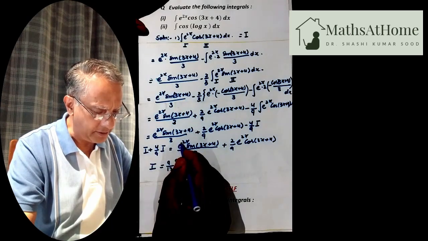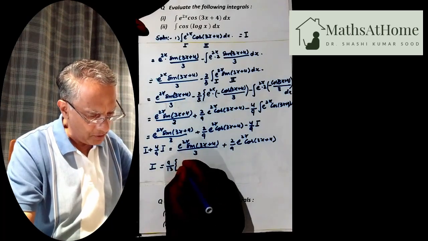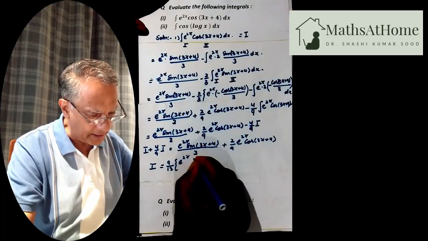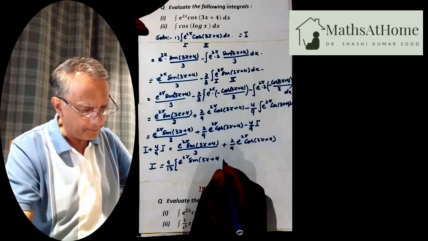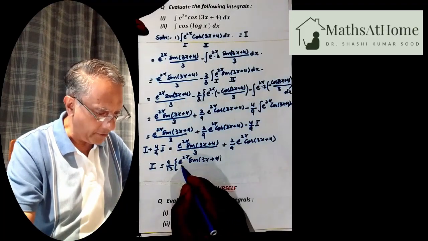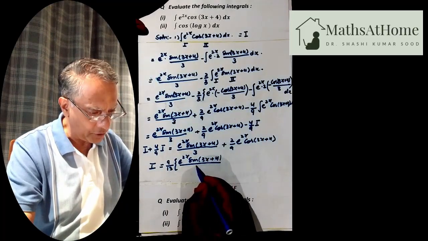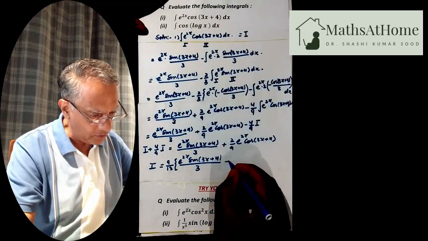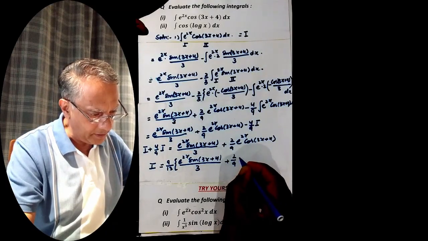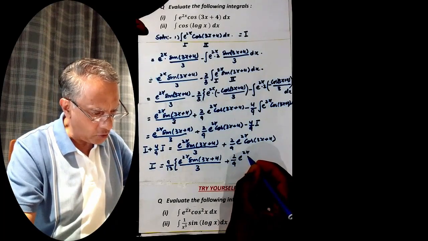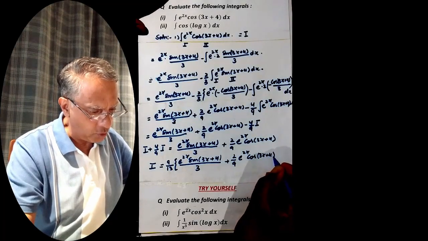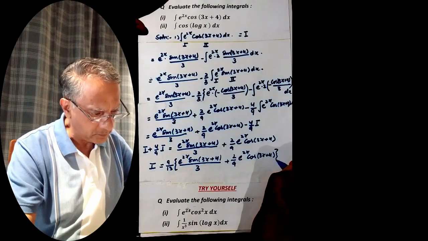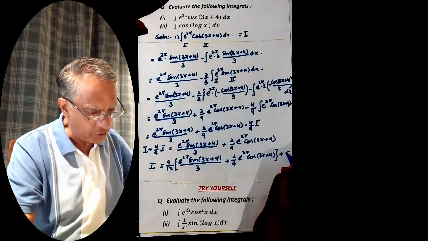So take this to this side; this will be 9 by 13 of e to the power of 2x sin(3x + 4) divided by 3 plus 2 by 9 e to the power of 2x cos(3x + 4), plus c.